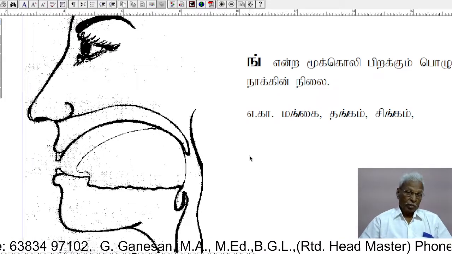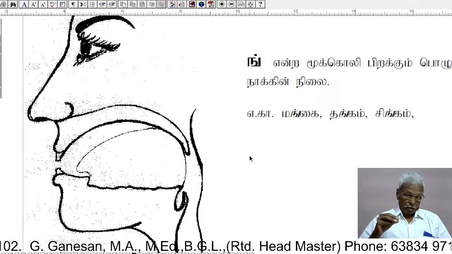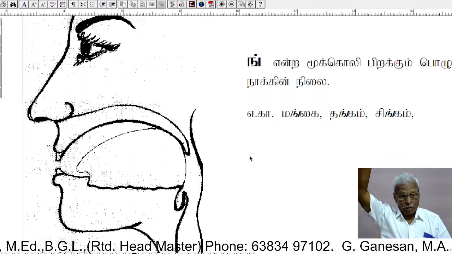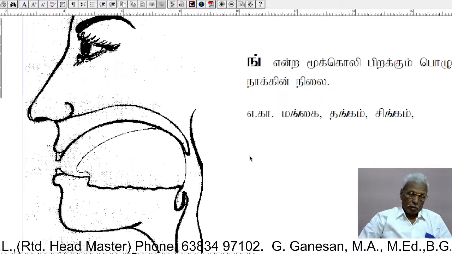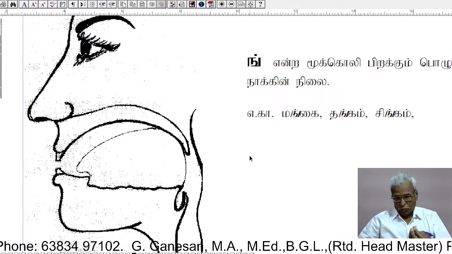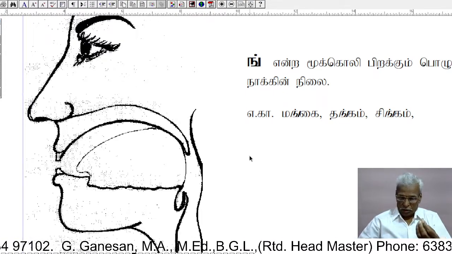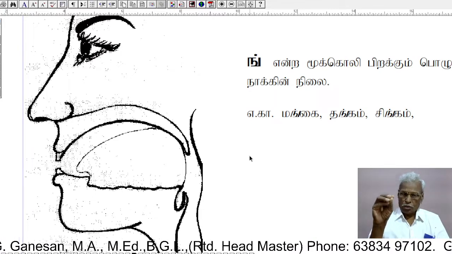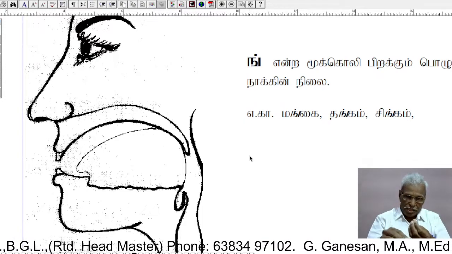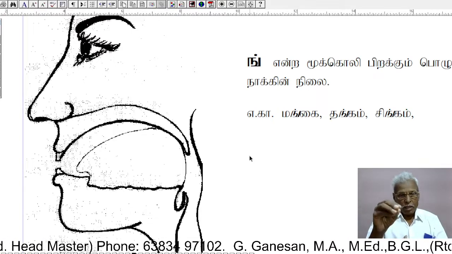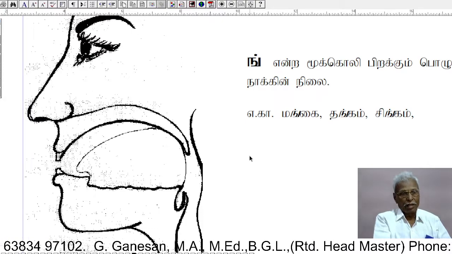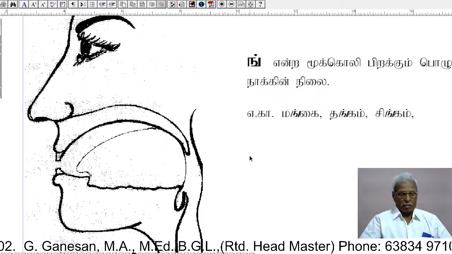That is, the air blocked because of the raising of the back of the tongue and having a close contact with the soft palate, when the vocal cords push it out, escapes through the nasal passage, that is through the nose, making the nasal 'ing'.